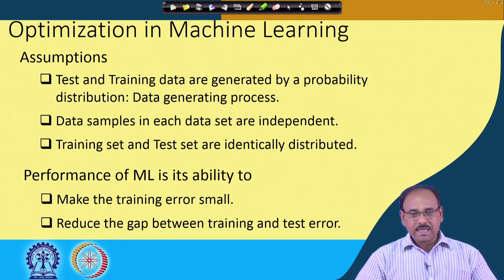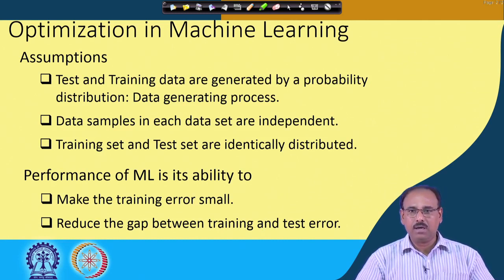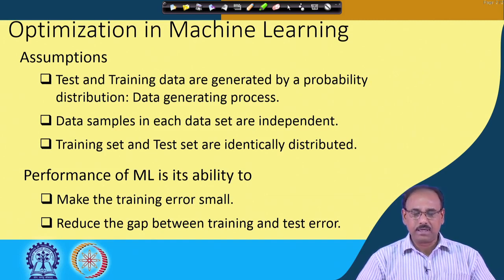So, truly speaking, this cannot be guaranteed, but under certain assumptions we can say with a certain degree of confidence that the machine will also perform well on the test data.